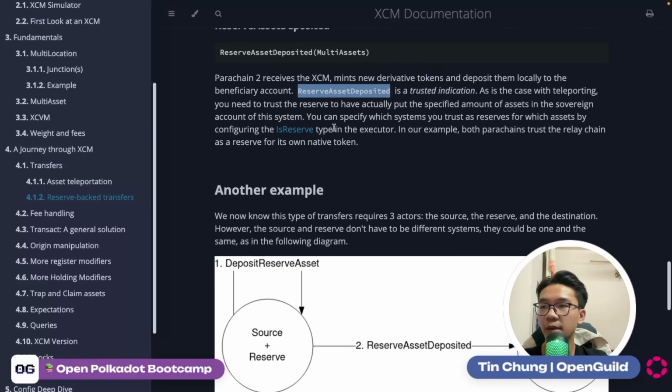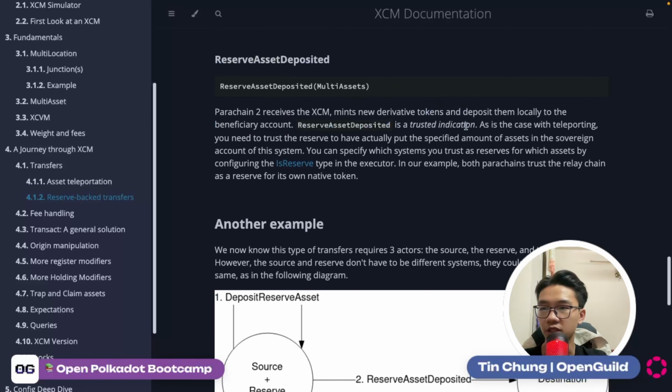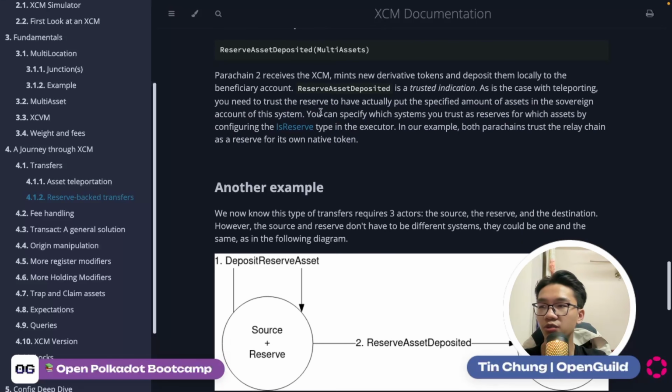The reserve asset deposited is just an indication. As is the case with teleporting, you need to trust the reserve to have actually put the specified amount of asset in the sovereign account of the system. So you can specify which system you choose as reserve for which asset by configuring the IsReserve type in the executor. So even though it also reduces the trust between the source chain and the destination chain.